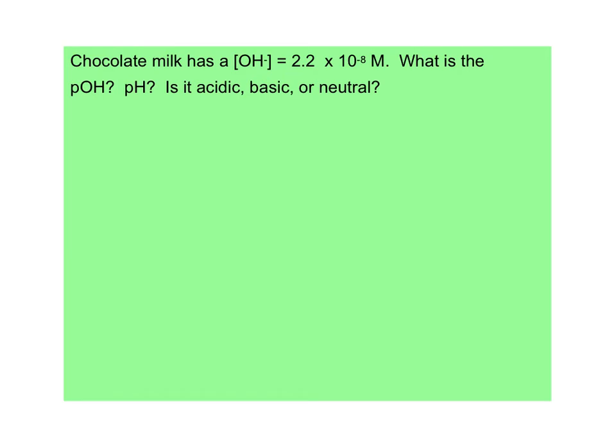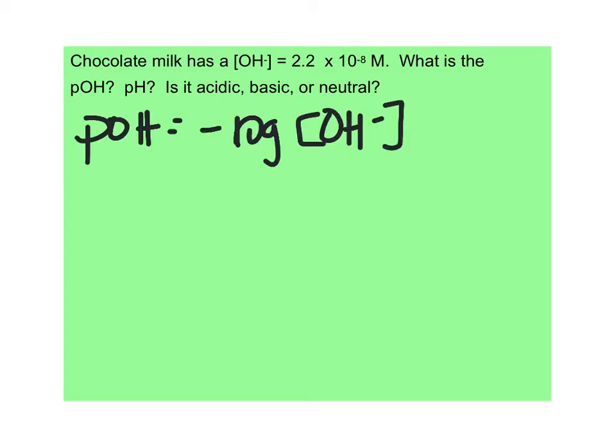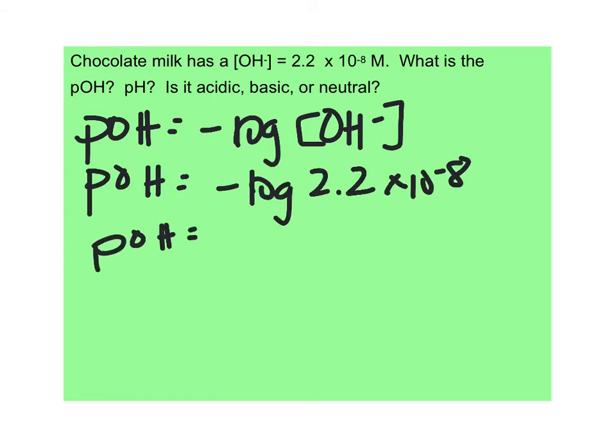Next up, chocolate milk has a hydroxide ion concentration of 2.2 times 10 to the negative eighth molar. We want the pOH, the pH, and if it's acidic, basic, or neutral. pOH is the negative log of the hydroxide ion concentration. On your calculator, punch in the negative log of 2.2 times 10 to the negative eighth.